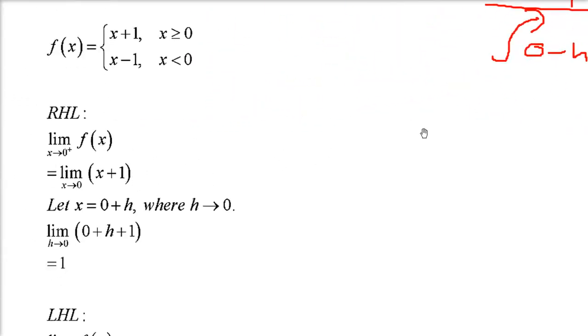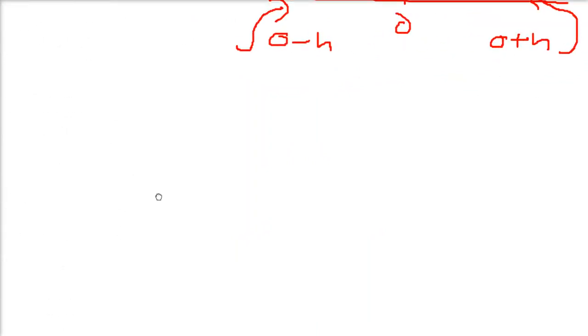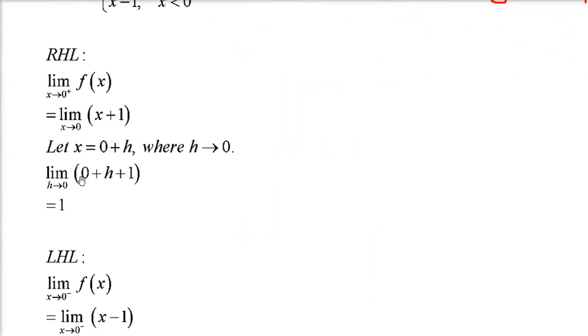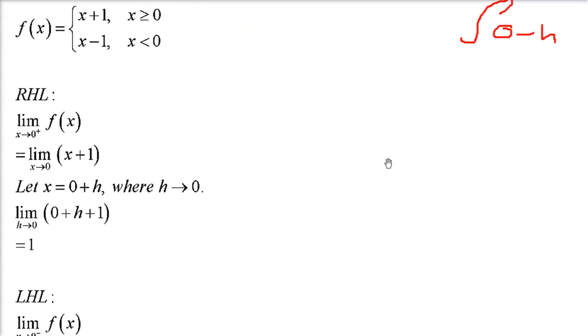So in place of x put 0 plus h. So 0 plus h plus 1, the limit as h goes to 0 is 1. So 1 will be the answer.